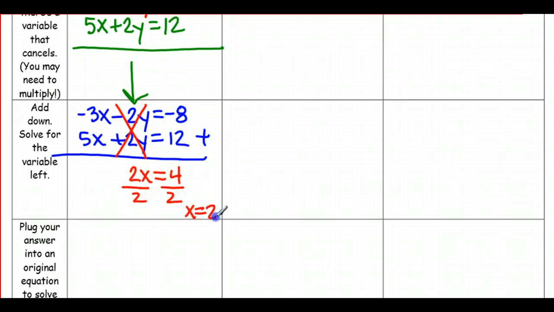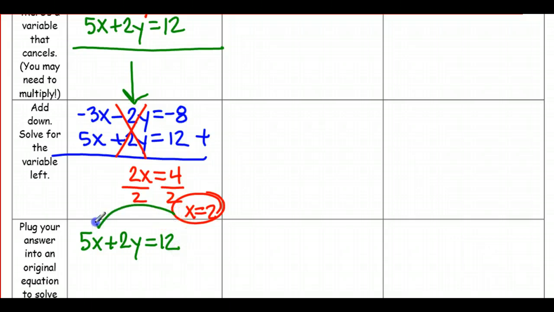x equals 2. All right, now that we know what x is, we need to find y. So we're going to take one of the original equations. I'm going to go ahead with 5x plus 2y equals 12, and I'm going to take x and plug it in. So we have 5 times 2 plus 2y equals 12.